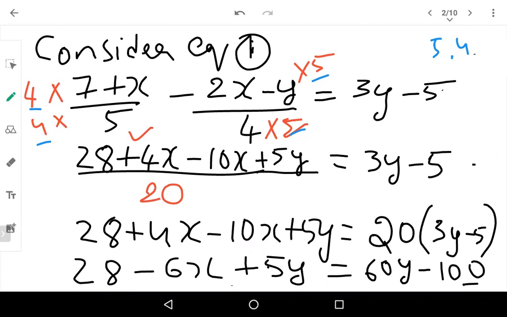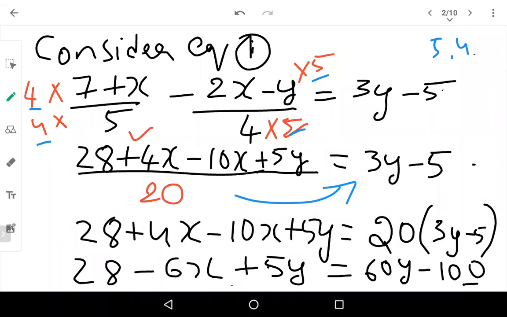Okay, so I get this expression 28 plus 4x minus 10x plus 5y, and the whole divided by 20. In the next step, I am taking this 20 to the other side. When it is division here, if I take it to the other side, it will become multiplication. So I get one line expression here, that is 28 plus 4x minus 10x plus 5y is equal to 20 into 3y minus 5.